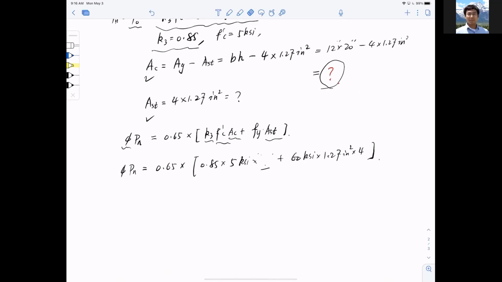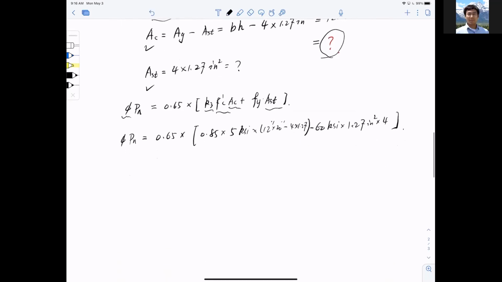Let me get this question mark out of the way because I can probably write this better. Folks, sorry about that, you might have to change it a little bit. So this is 12 times 20 minus 4 multiplied by 1.27 inch squared, with the bracket outside. Be careful on the units.